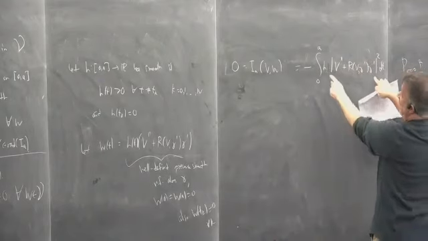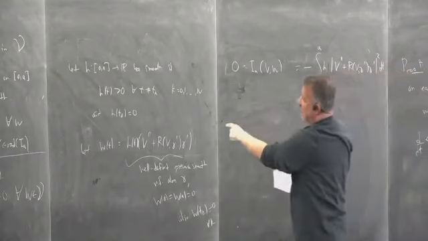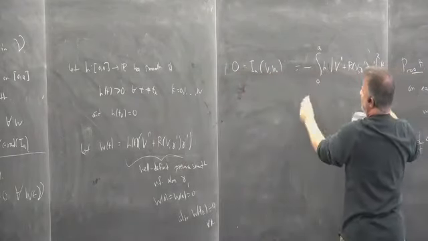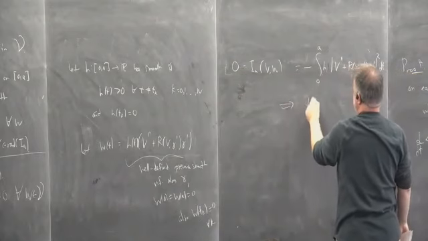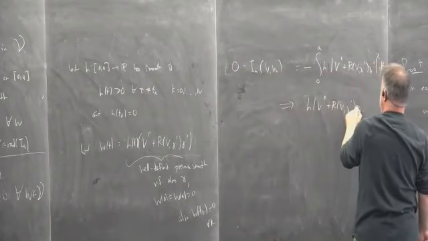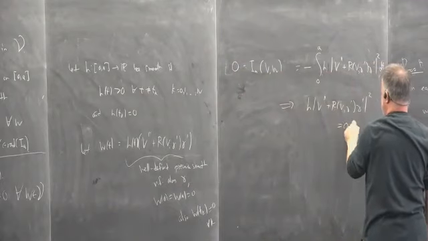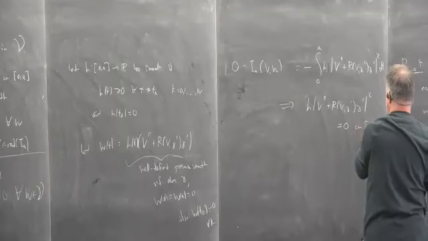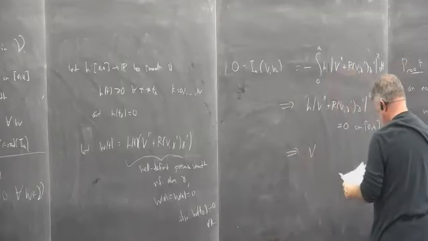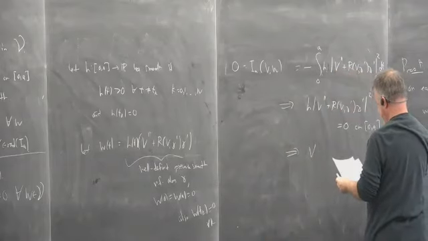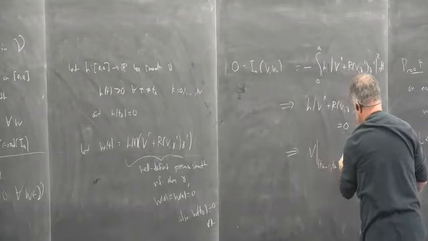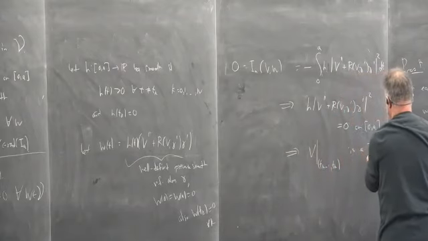Okay, and H is non-negative. So this thing is continuous and non-negative. This implies that H times the norm squared of V double prime plus R of V gamma prime gamma prime is 0 on 0 to A. And that implies that V restricted to t k minus 1, tk is a Jacobi field.